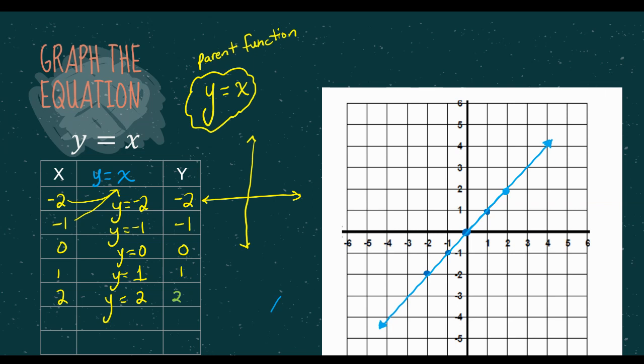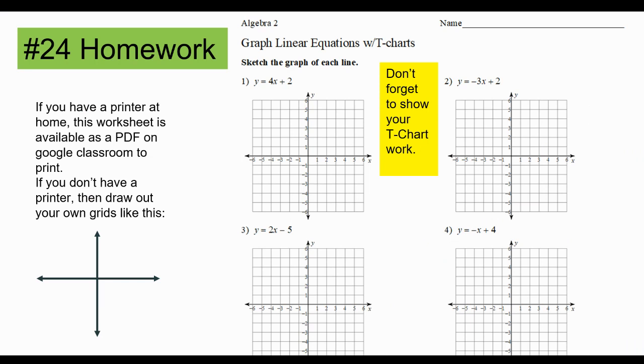You can hit pause here until you're done. Okay, so here's your homework, number 24. So there's 4 problems. Don't forget to show your T-chart work. So I expect you to have T-charts for each one of these, all right? So you need to show your work.